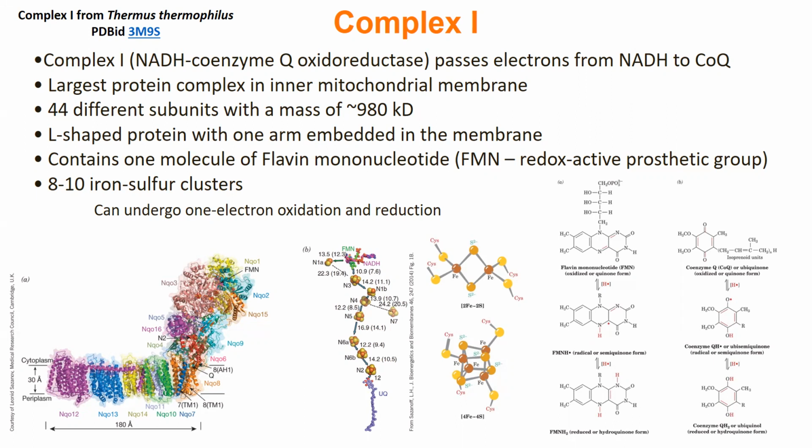And we talked about how in complex 1, NADH gives us electrons to FMN, and then using these iron sulfur complexes, we transfer electrons all the way to Q. We just do it one at a time, one electron, one electron, one electron, in a safe way, so we don't lose those electrons in the cell where they can cause real damage. So we're going to continue talking about the different complexes.